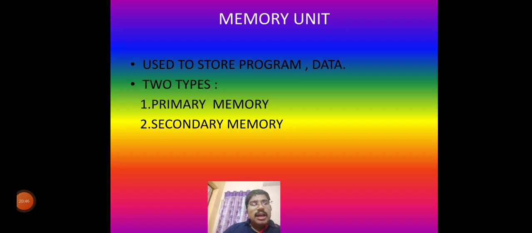Generally, data that is used very rarely, not frequently, will be stored in the secondary memory, so that whenever there is a requirement, only then will we use the secondary memory to access the data. If not, we go only for the primary memory. So that is about primary memory and secondary memory. These all come under the memory unit.